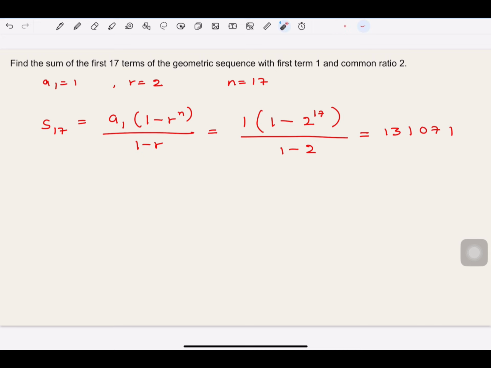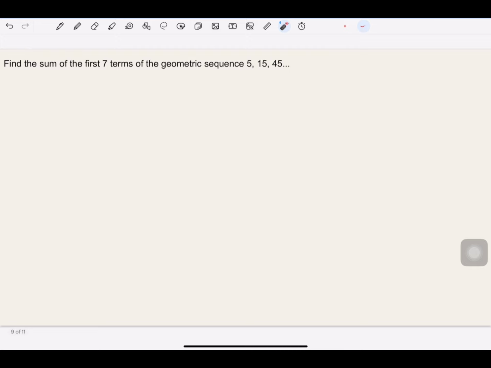So if you add the first 17 terms of this geometric sequence, you'll end up with 131,071.